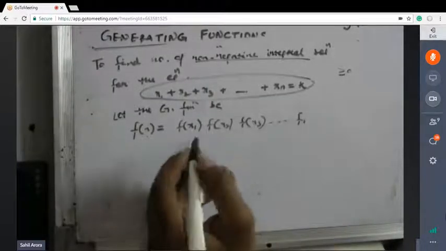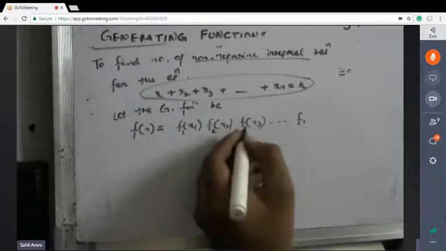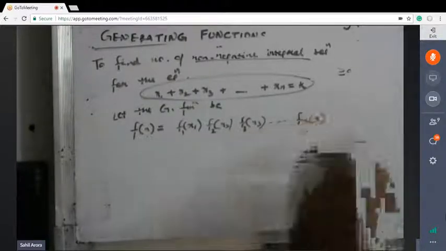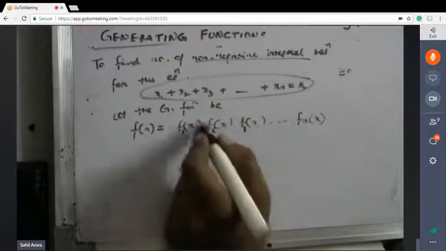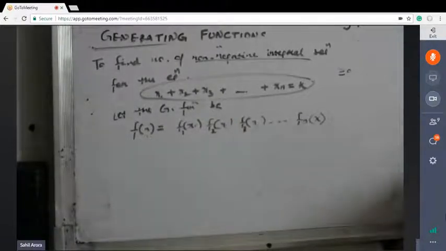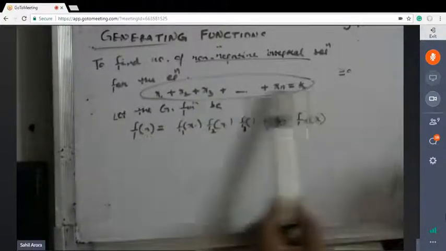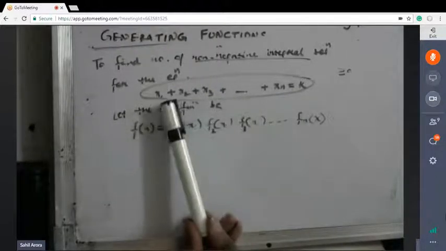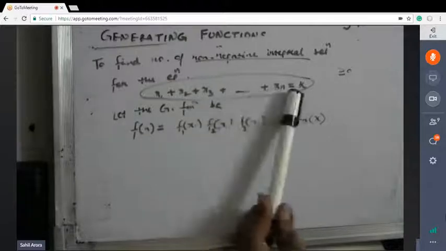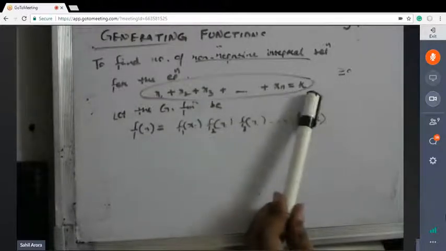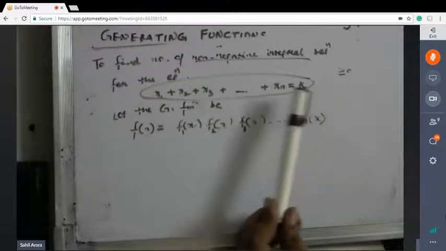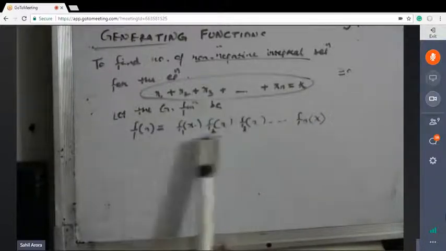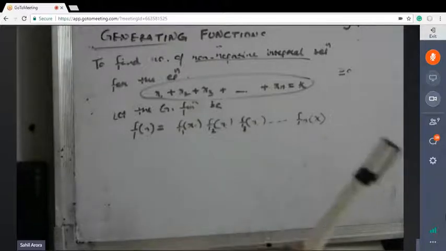Let's say this is f1, this is f2, this is f3, and this is fn of x. We pick up the generating function due to each of these things. The coefficient would only be formed due to the collaboration of all of these, so we multiply all of the generating functions.